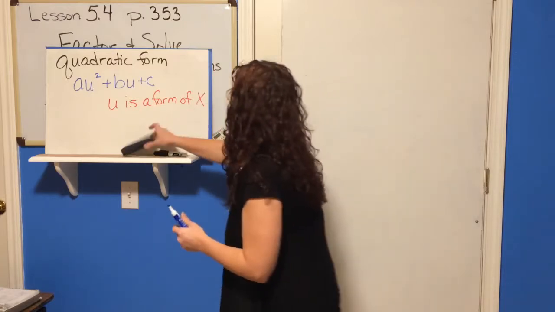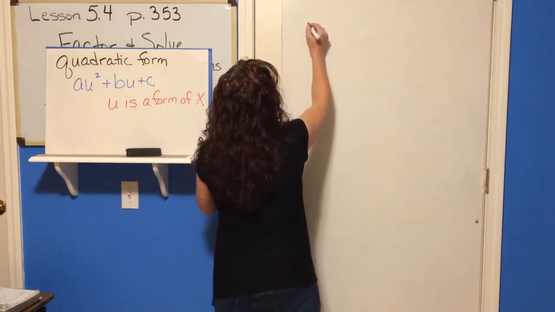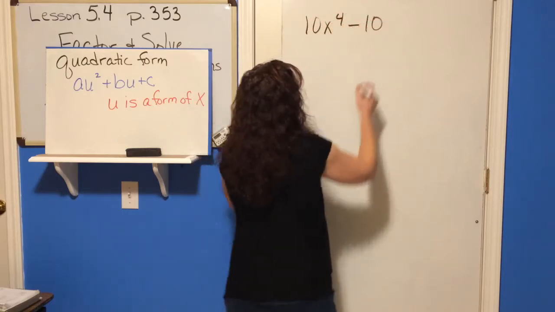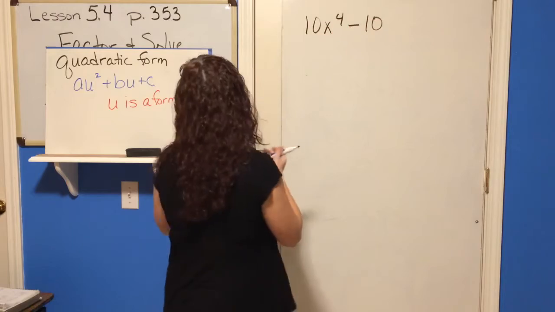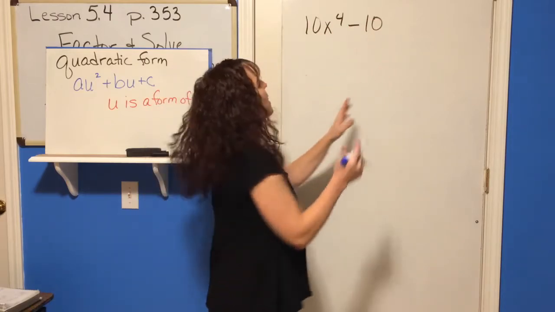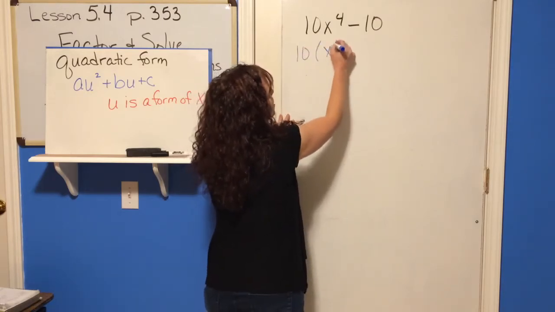So I'll show you what I mean with this one. If you've got 10x to the 4th minus 10, and you're using your steps, okay, well, we see that 10 is in common, so we pull out a 10.